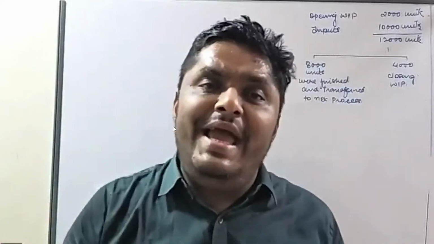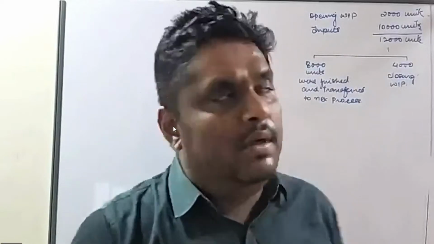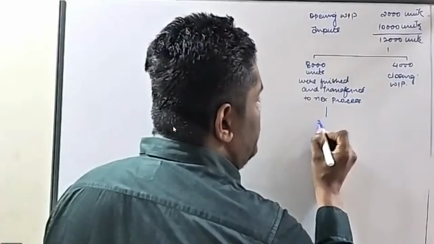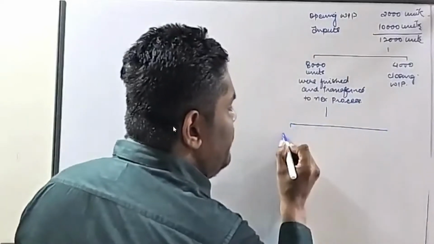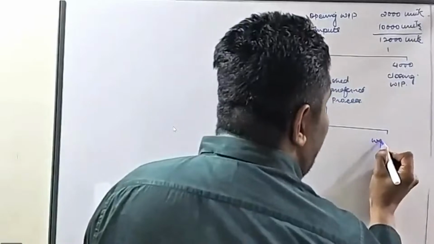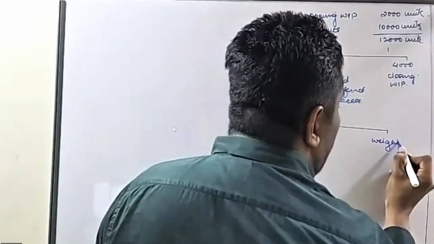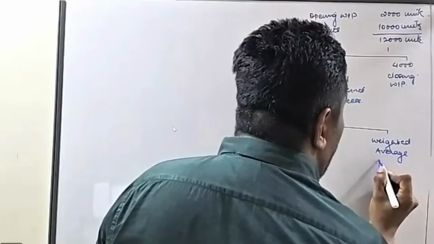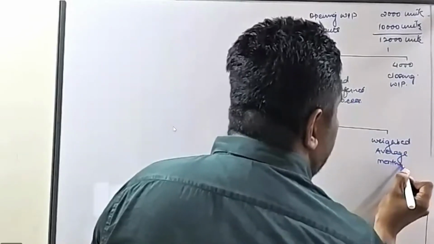So ICAI has suggested two approaches. Either these 8,000 units and 4,000 units can be valued as per FIFO method, or as per weighted average method.